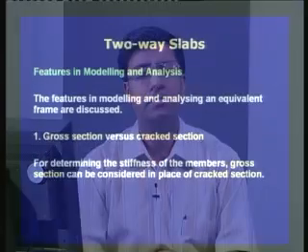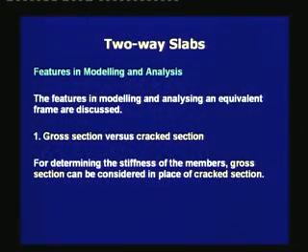The chances of cracking are of course reduced when the slabs are pre-stressed. The code allows us to use the gross cross section instead of the cracked section, which is difficult to find out. Thus, for determining the stiffness of the members, gross cross section can be considered in place of cracked section.